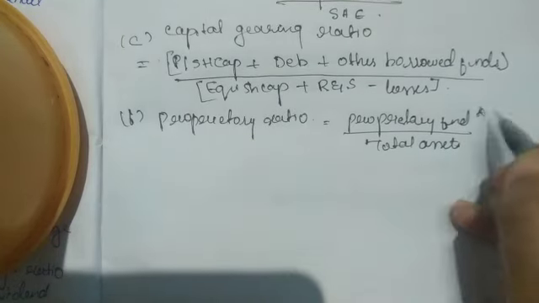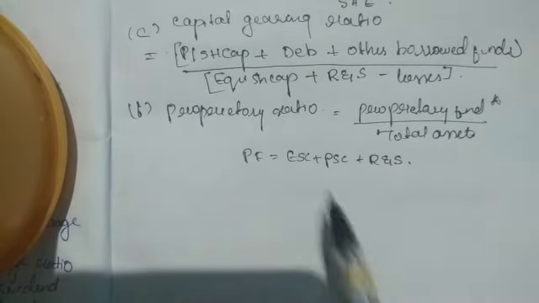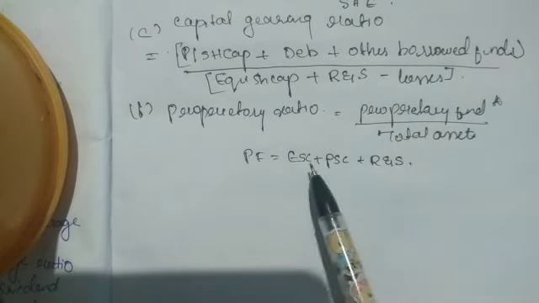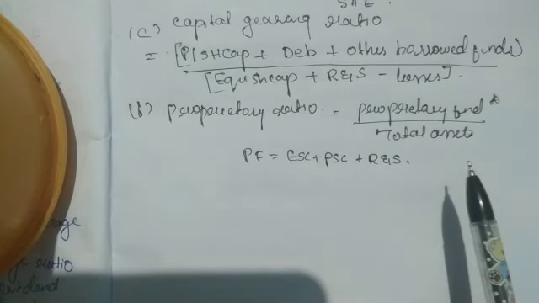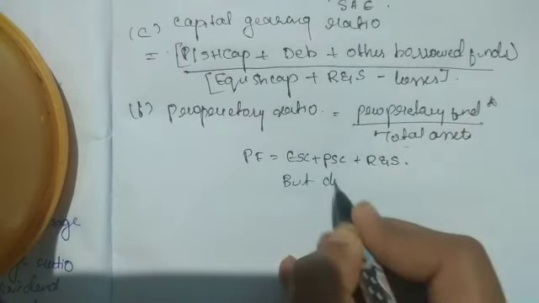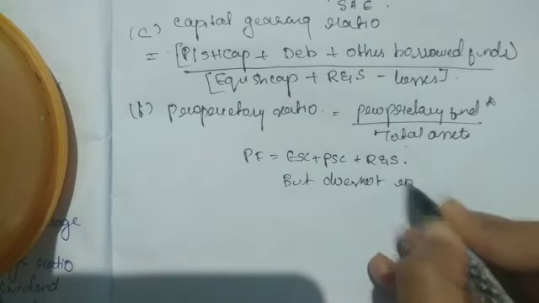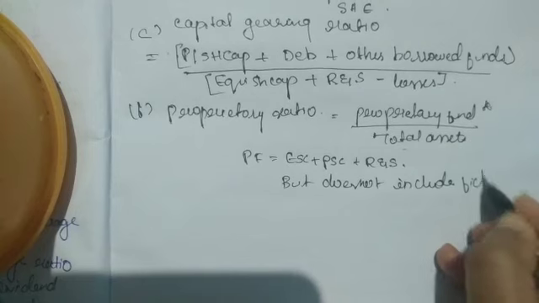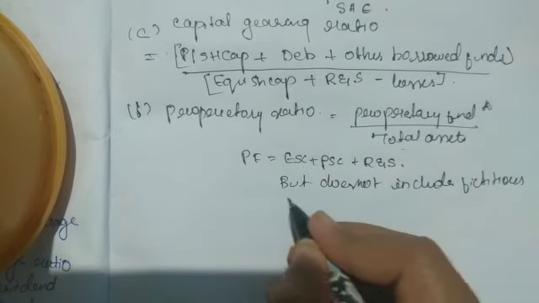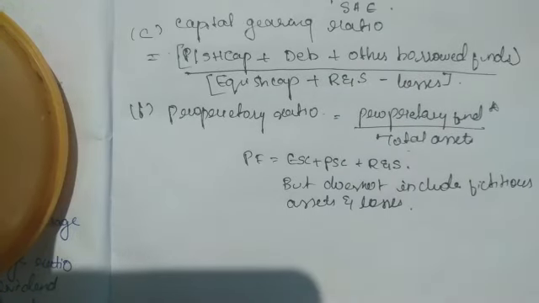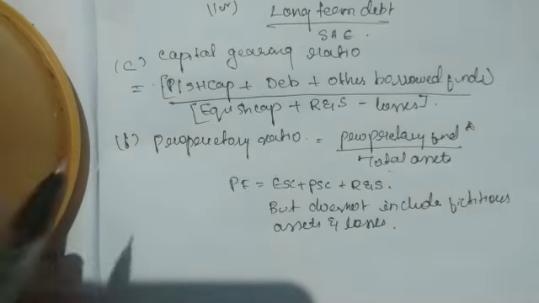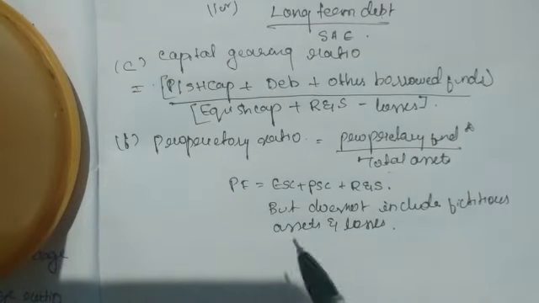The proprietary fund includes equity share capital, preferred share capital, reserves and surplus, but does not include fictitious assets and losses. This proprietary ratio indicates the proportion of the total assets financed by the shareholders. So the above mentioned are capital structure ratios.